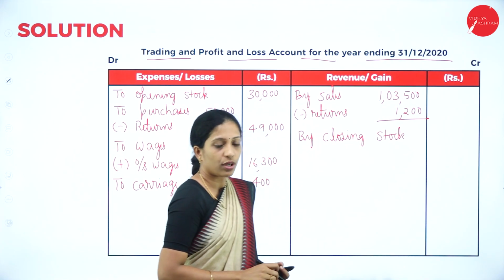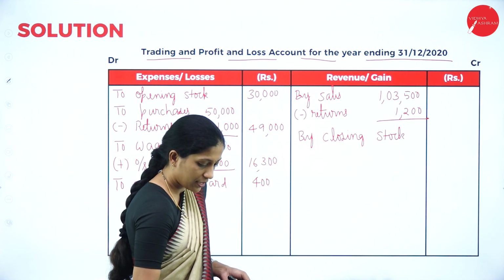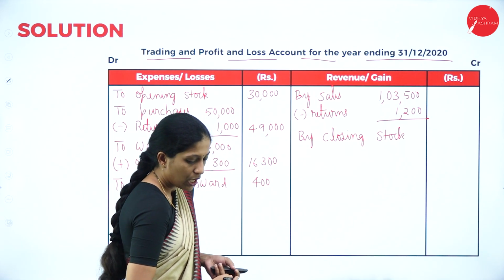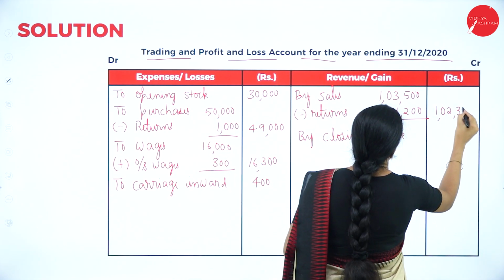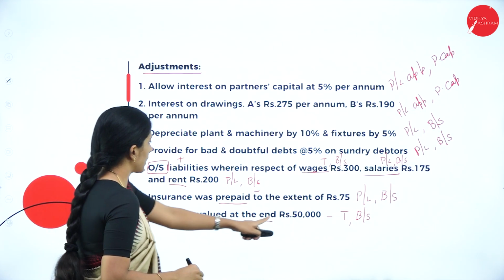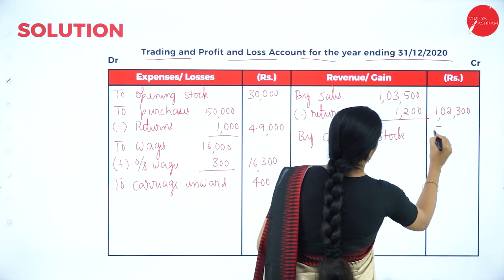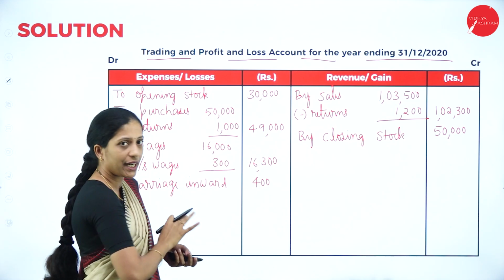Write the amount in the outer column. So it will be 1,02,300. Next is by closing stock. Closing stock is in the adjustment, 50,000. So I have to take that also. So 50,000.